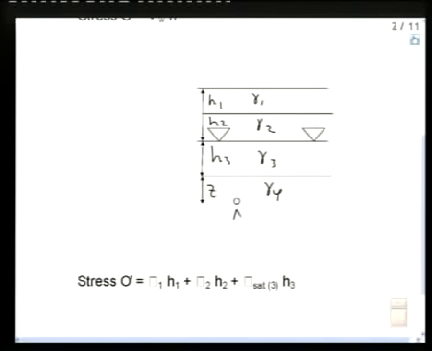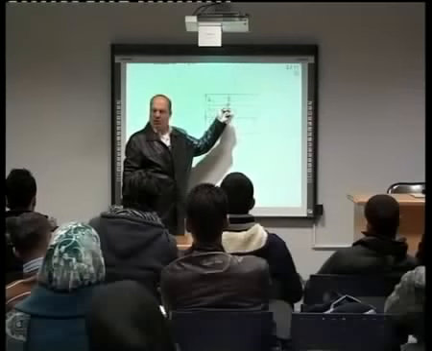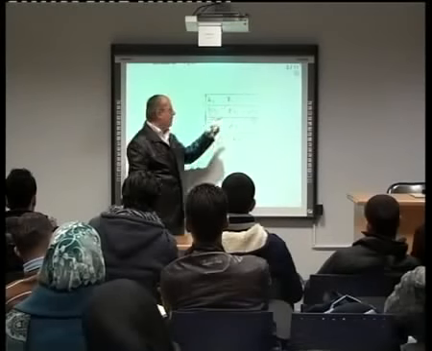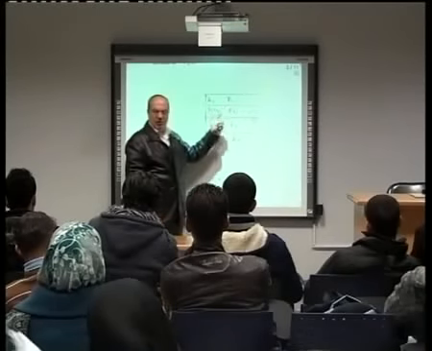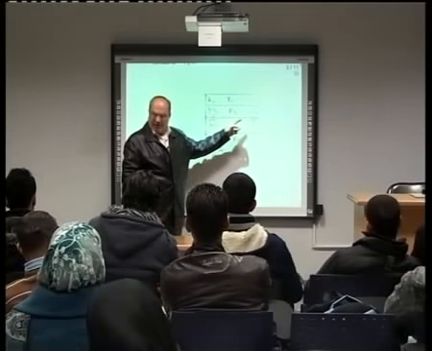At point A, sigma will be how much? Now remember, we have water here, right? So what it will be? H1 multiplied by gamma 1. What is gamma 1 here? It's gamma dry, remember, right? It's gamma dry. H2 multiplied by gamma 2, which is dry.